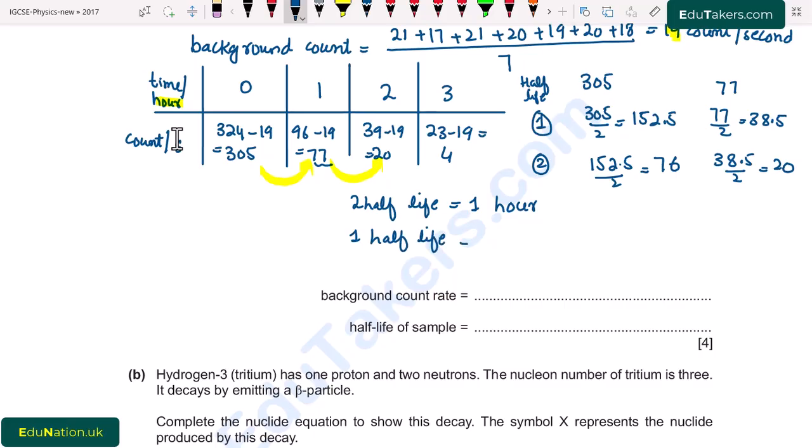It will be equal to 30 minutes. So the background count rate will be this one, 19 counts per second. And the half-life of sample is 30 minutes.